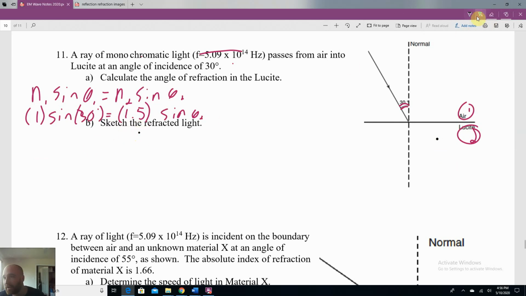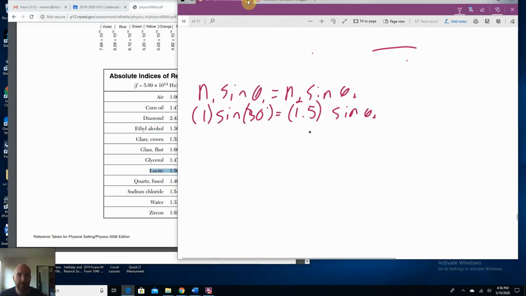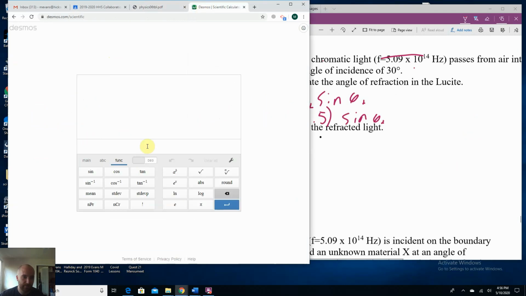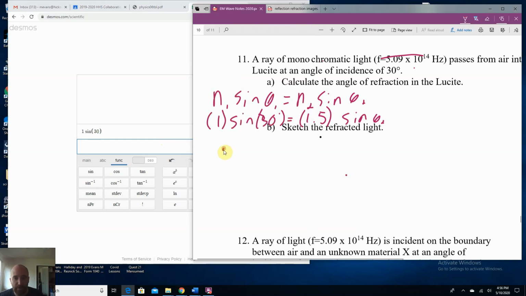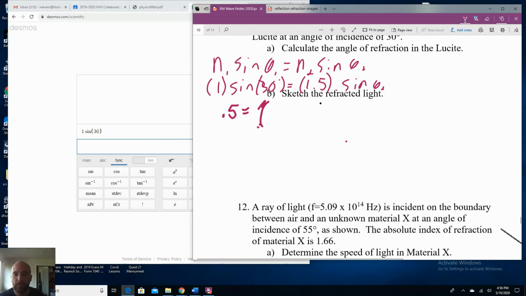Basically, I'm plugging in the left-hand side of the equation. 1 times sine of 30, if you do that in a calculator, and again, make sure you're in degree mode or you get the wrong thing, should be 0.5. So we've got 0.5 is equal to 1.5 times sine of theta.